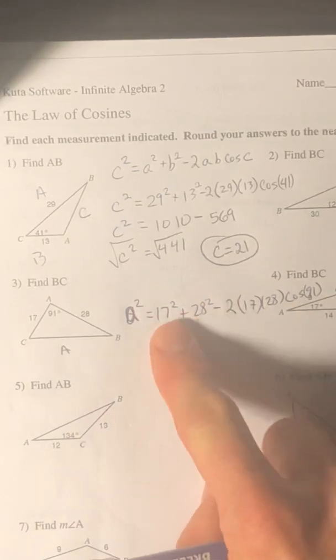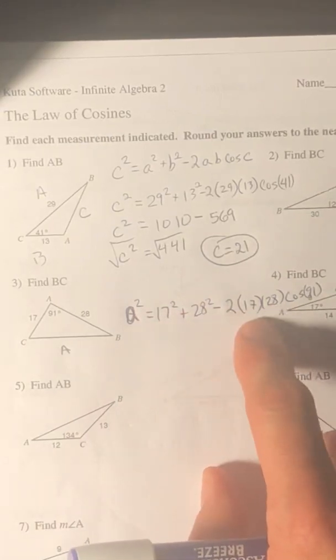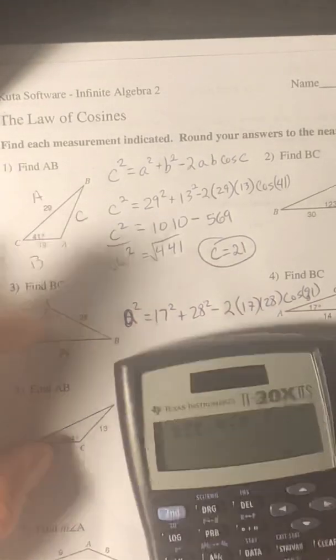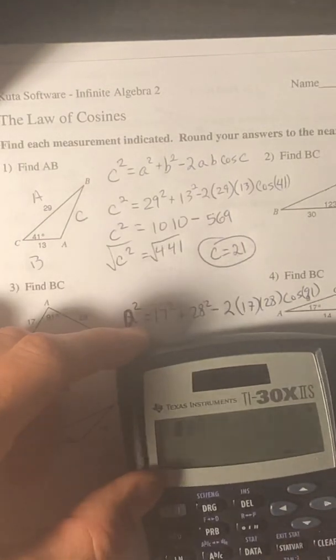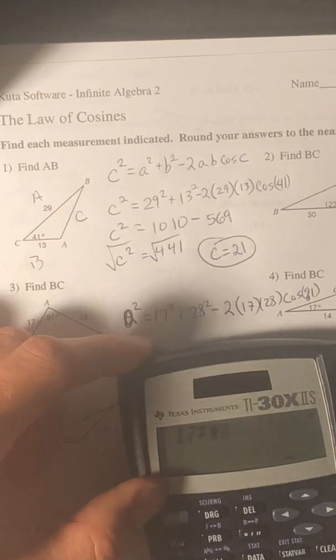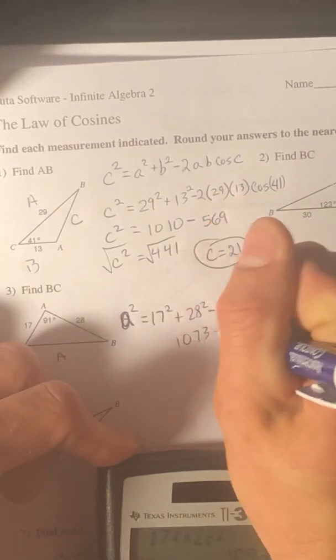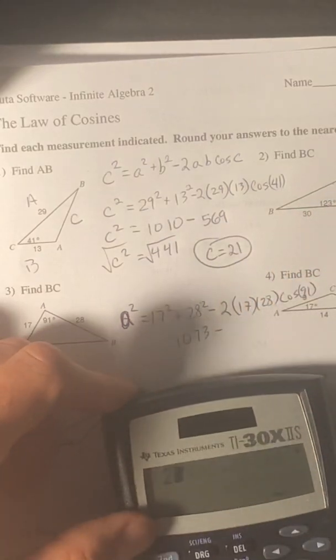Remember, it doesn't matter the order here, and it doesn't matter the order here, as long as you're adding and then multiplying. So I'm just going to do 17 squared plus 28 squared, write down my answer, 1073. Then I'm going to do 2 times 17 times 28 times cosine of 91.